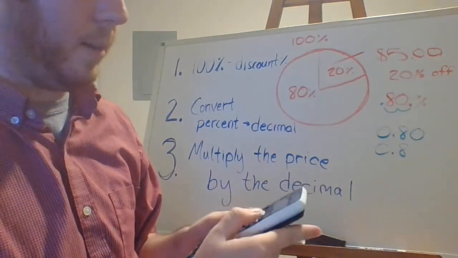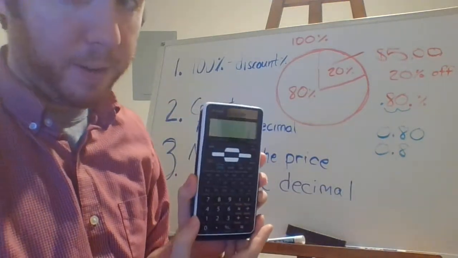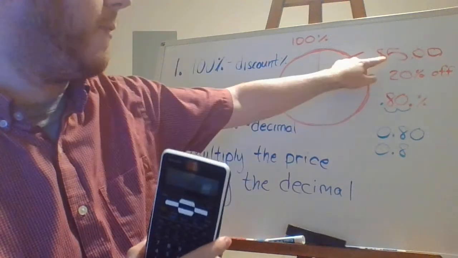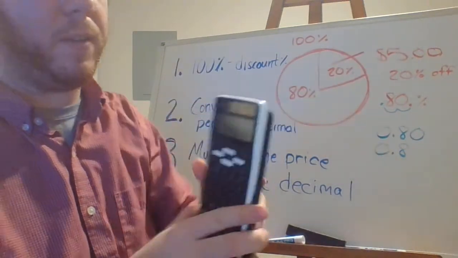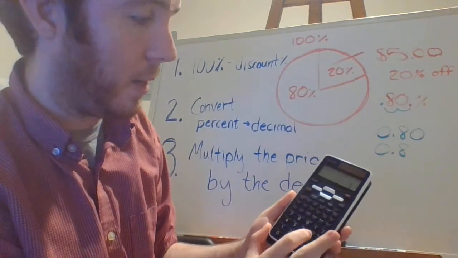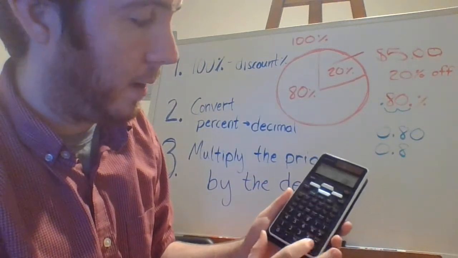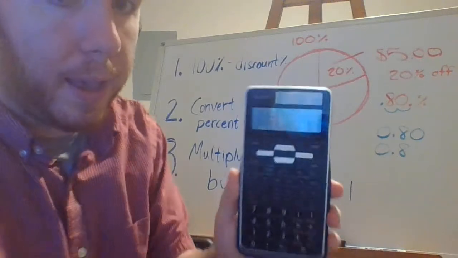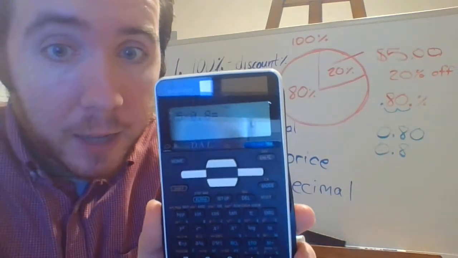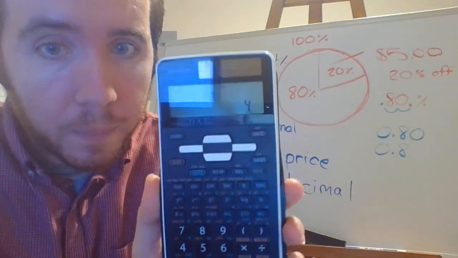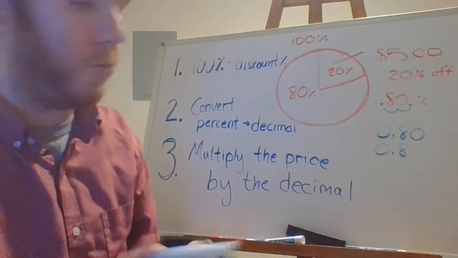This is my calculator I use at home. It's very nice, very fancy. I'm going to take our $5. That's our price. We're going to multiply it by the decimal we found. So 5 times 0.8. And look here, if I can avoid a glare, 5 times 0.8 is 4. So that simply becomes $4.